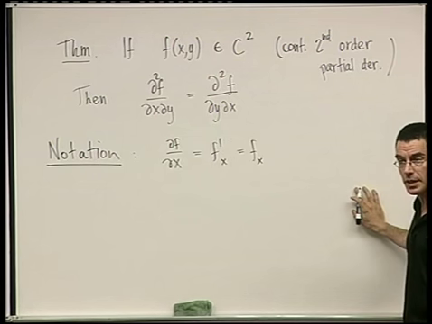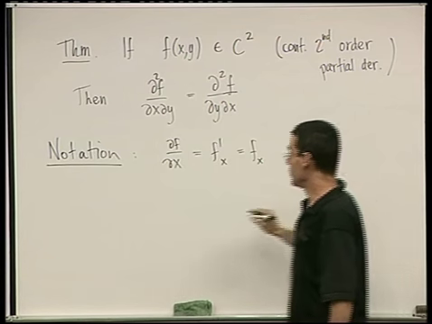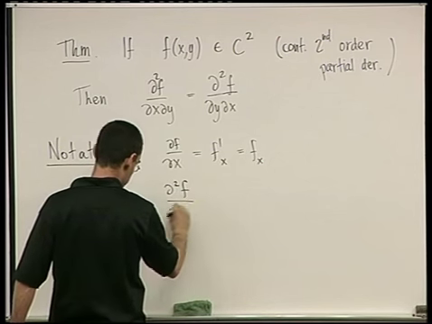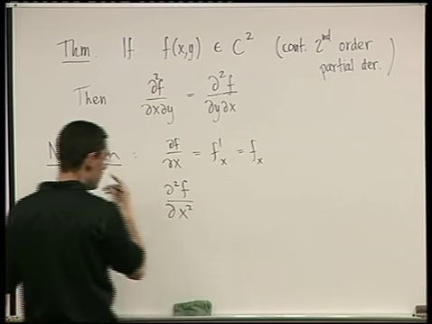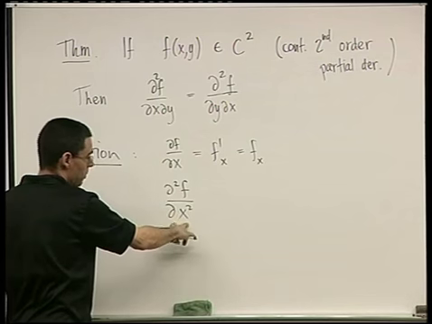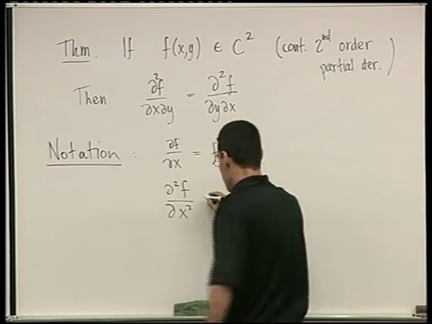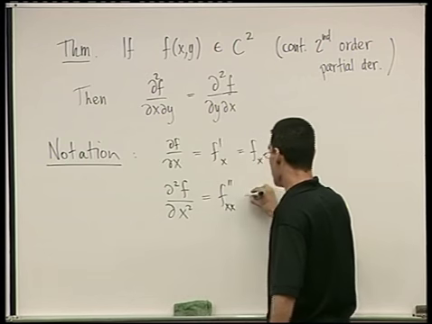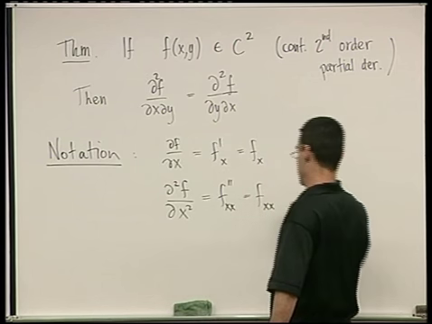Right? We've seen that. So similarly, along that same line, the second order partial derivative of f with respect to x twice can be written as f double prime sub xx, or simply f sub xx.